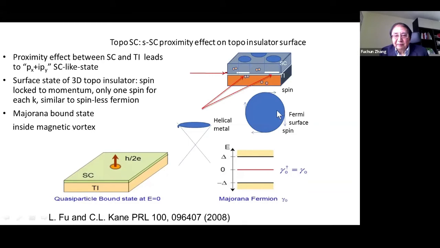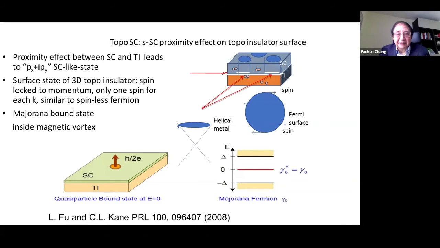For instance, this is the Fermi sea. Usually if I have a Fermi sea, at every K point I have spin up and down. Here I have only one spin. For instance, for momentum along the X direction, the spin points to the minus Y direction. So spin and momentum are locked.